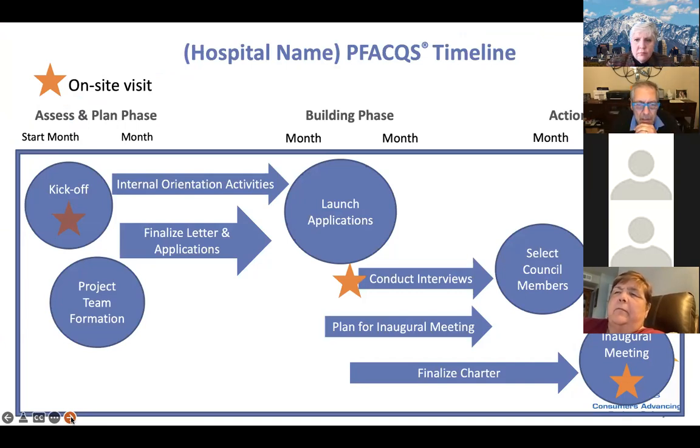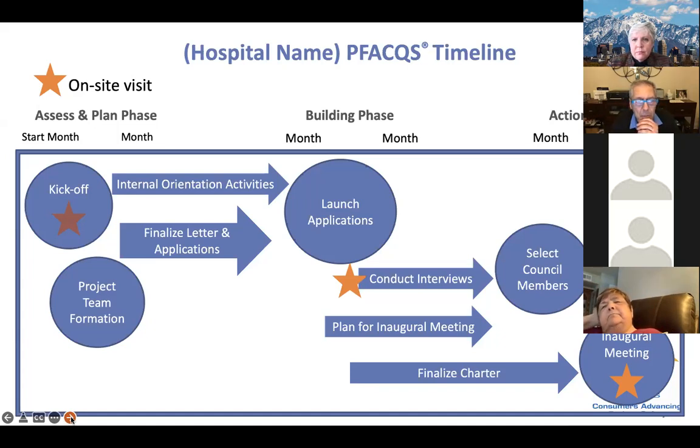We really stress that quality and safety portion. Prior to COVID, we used to go three times in person to the organization that asked us to consult with them, and that's where you see the stars. Then, when COVID broke out, we stopped traveling.